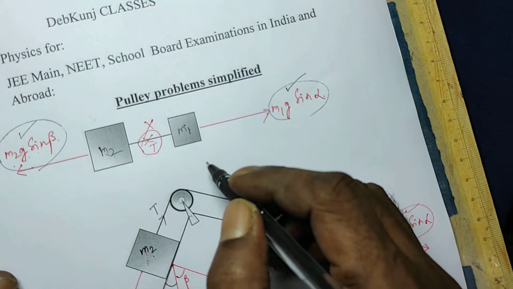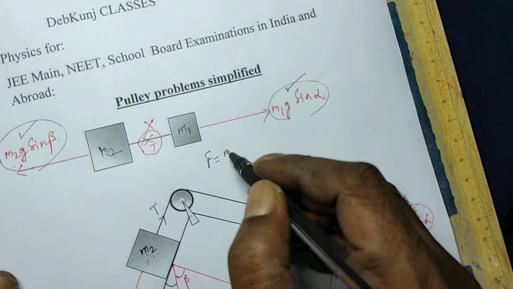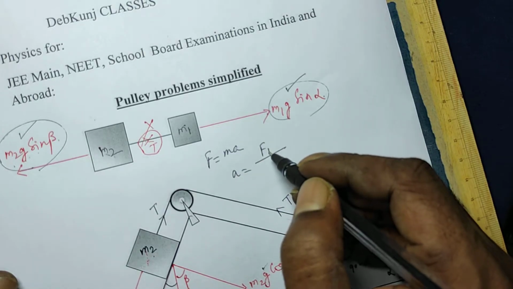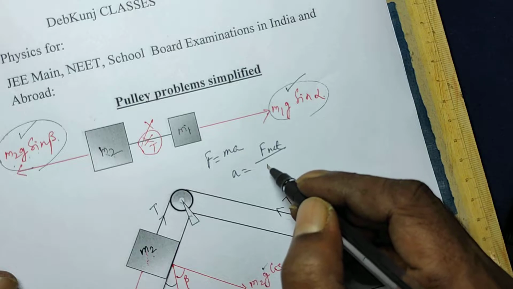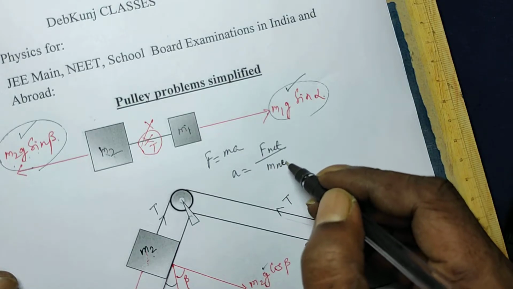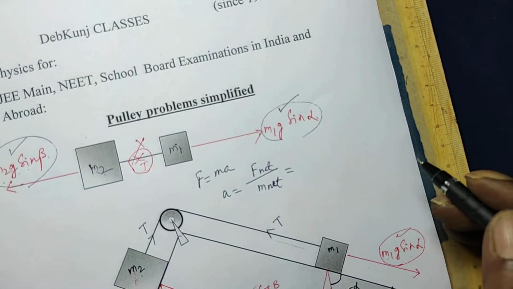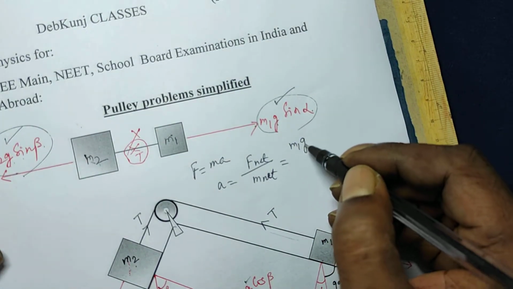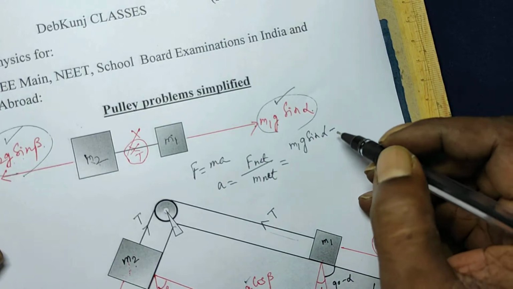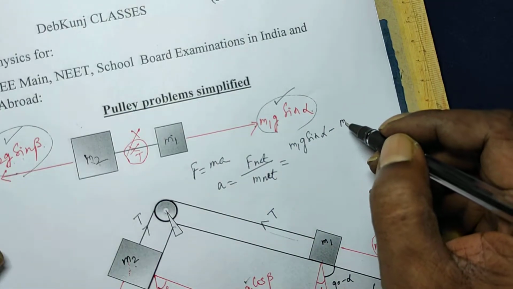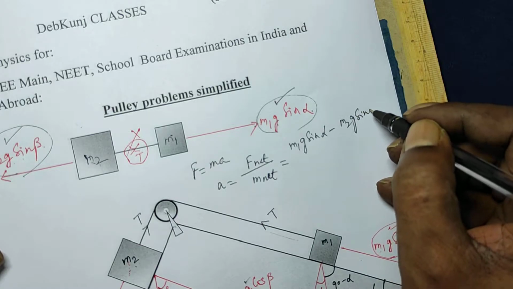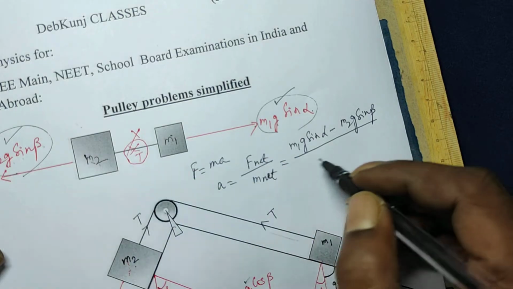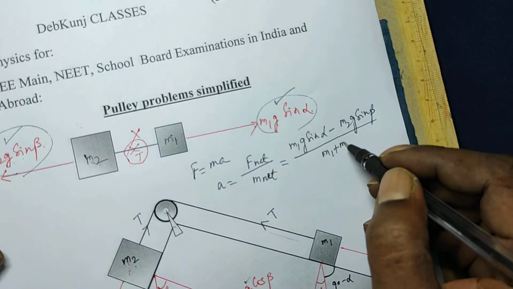So the net force on the system is m1 g sine alpha minus m2 g sine beta. So your acceleration, since we know F is equal to mass times acceleration, is equal to the net force divided by the net mass. So the net force is m1 g sine alpha minus m2 g sine beta, divided by the total mass m1 plus m2.